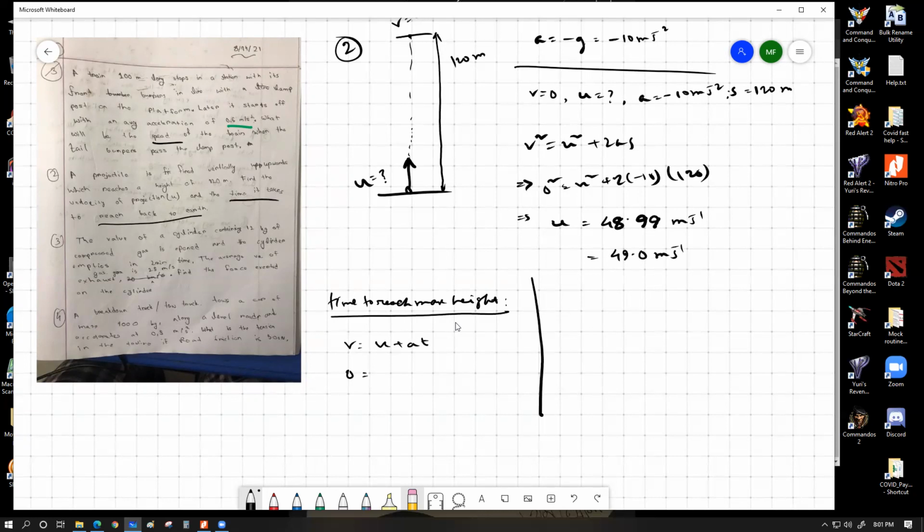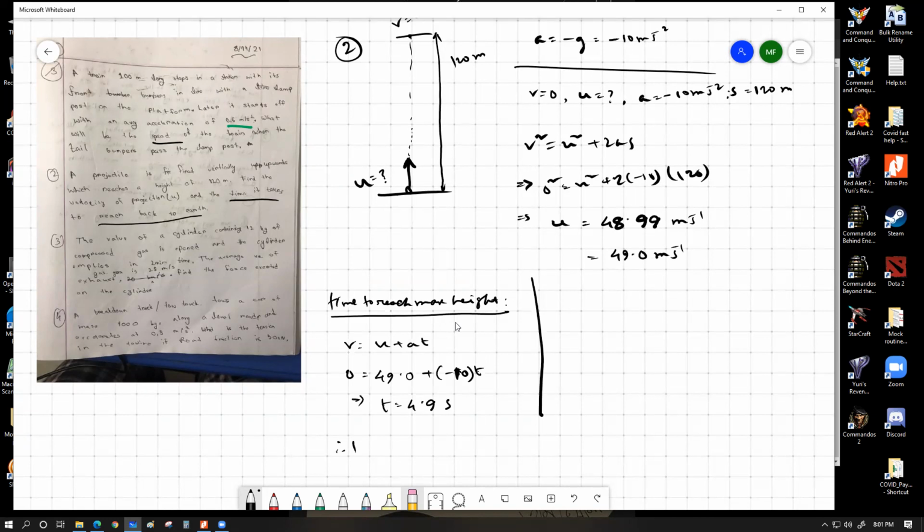Therefore, initial velocity would be 49.0. I could write 48.99 as well, but I don't think it's going to make much difference, so I'm going to go for 49.0. Plus minus 10 into t, which gives us about 4.9 seconds. This is the rising time.